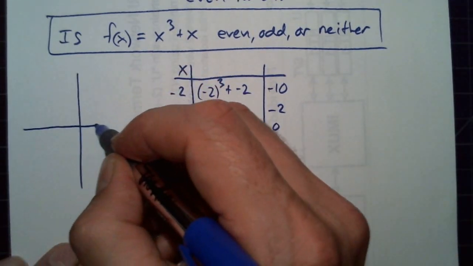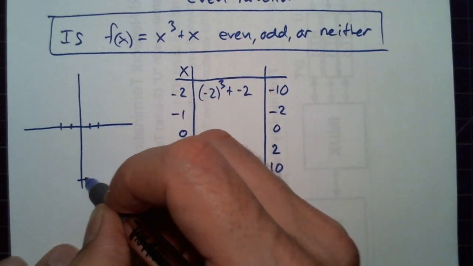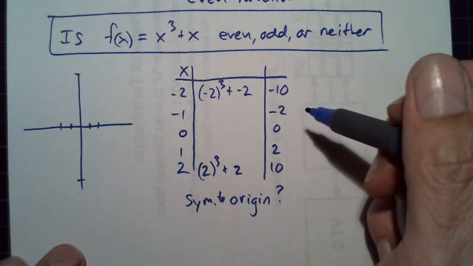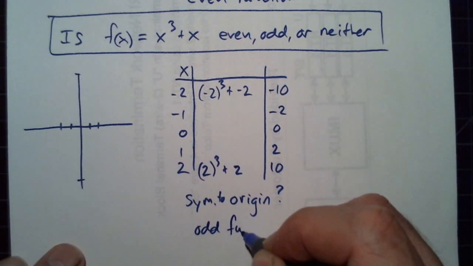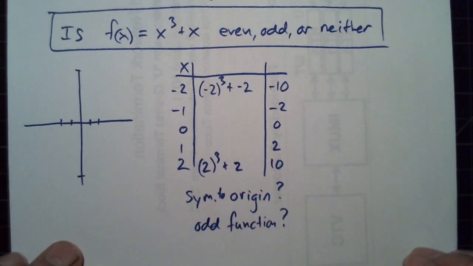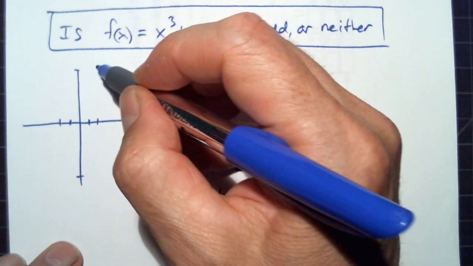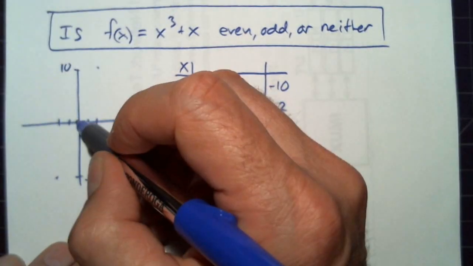Based on the points that we chose, it does look to be symmetric to the origin, and we could just say odd function, question mark, because we've only checked 5 points, and out of those 5 it is symmetric to the origin.